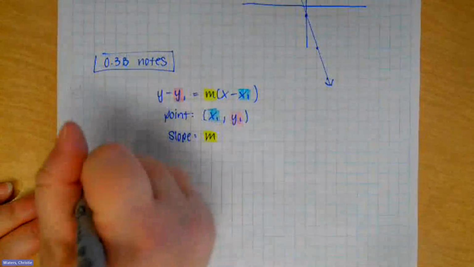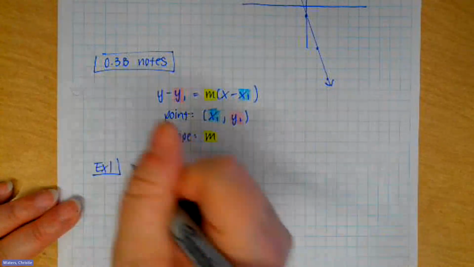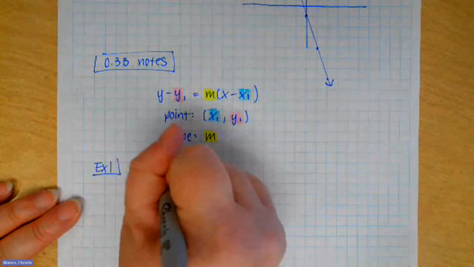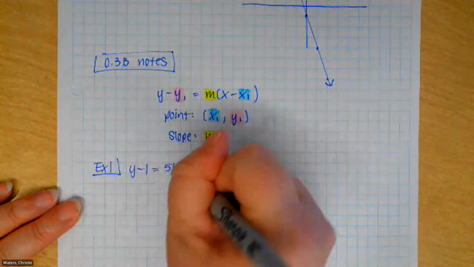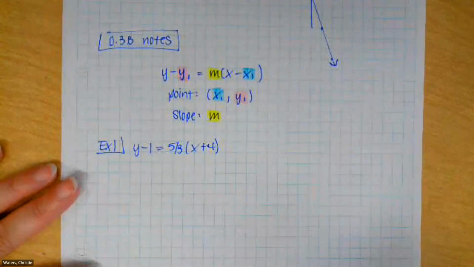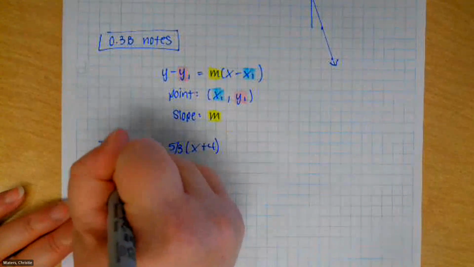Example 1 is y minus 1 equals 5/3 times (x plus 4). So I'm going to start by figuring out what the point is.